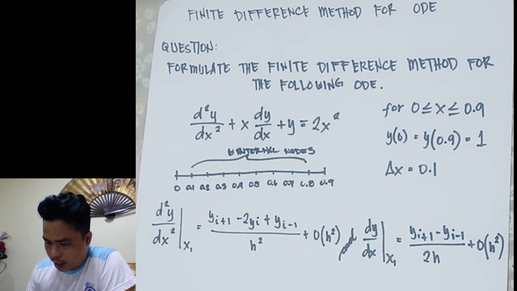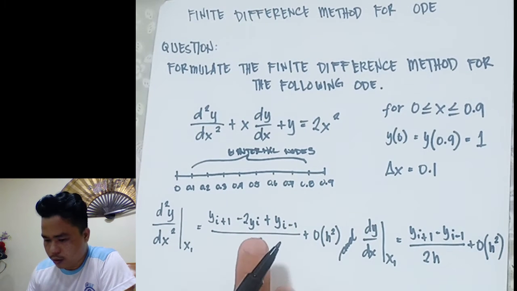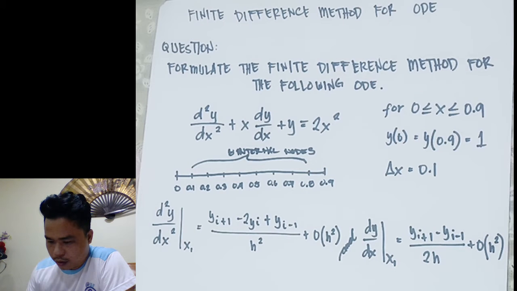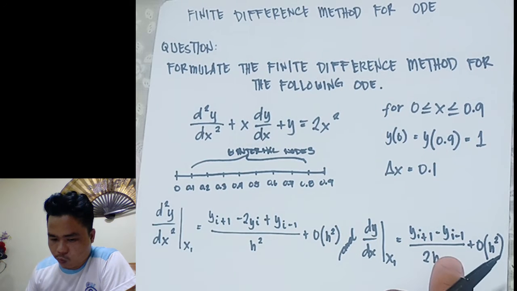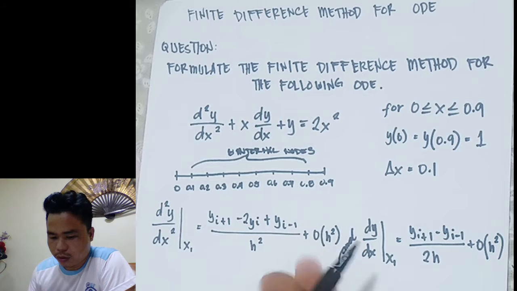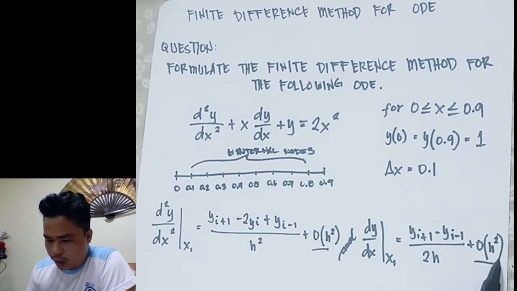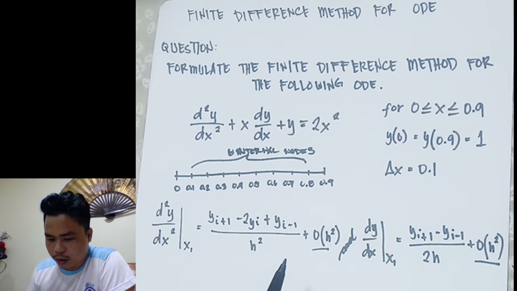So the result is going to look, here is the result, and in our finite difference approximation we will need the second derivative approximation here, and the first derivative approximation using second order, and will be as a finite difference method.